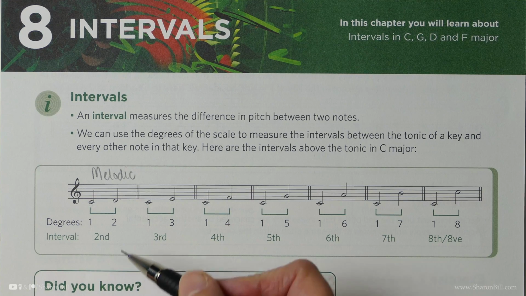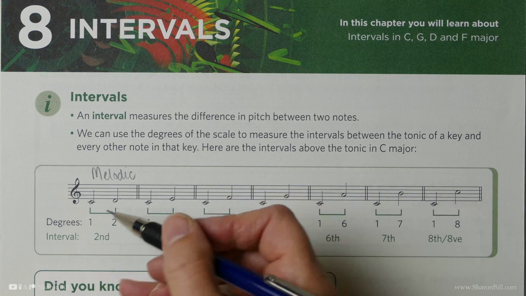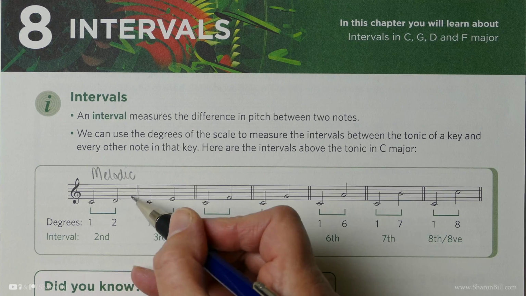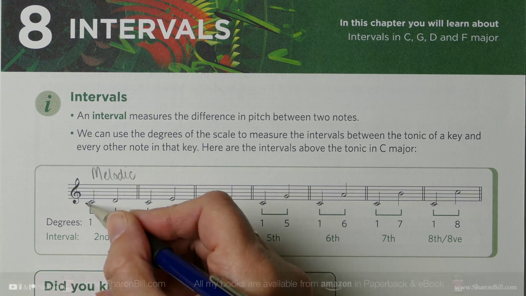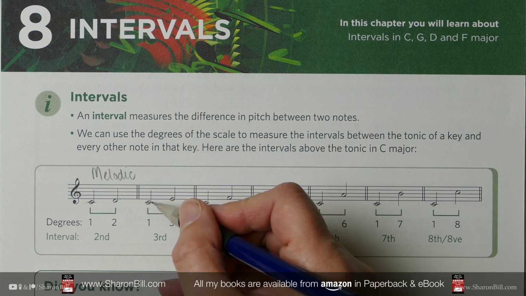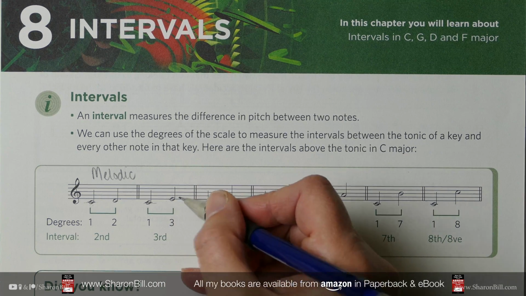And another way we can work them out, because we perhaps don't always want to be referring to the piano keyboard, if we just count the distance, and we're always counting line, space, line, space, line, space to count every single step. So from C to D is line, space, 1, 2. From C to E is line, space, line, 1, 2, 3.